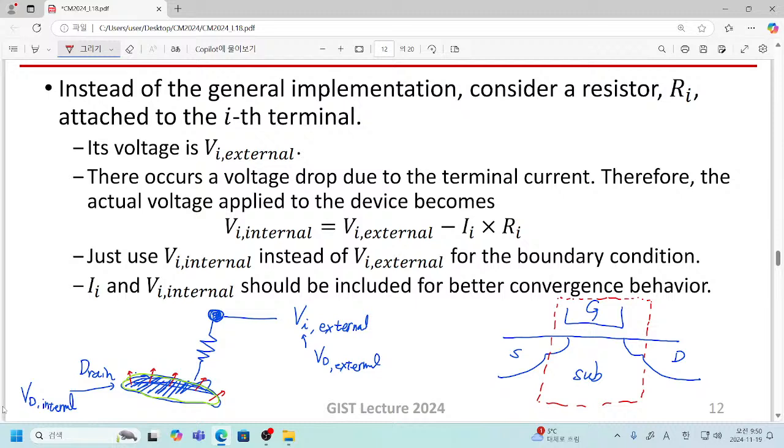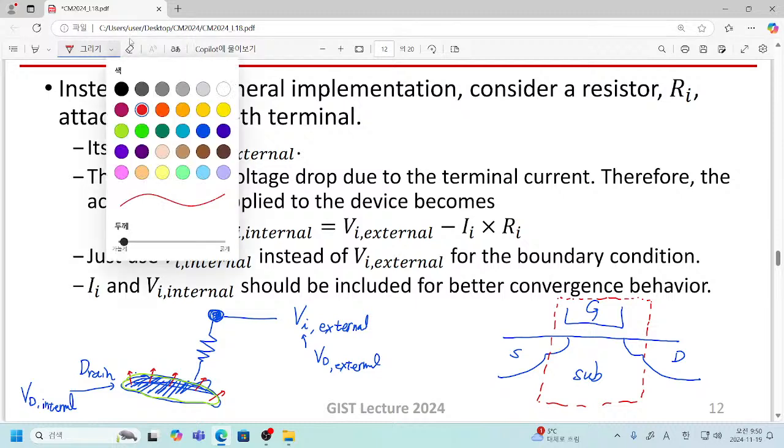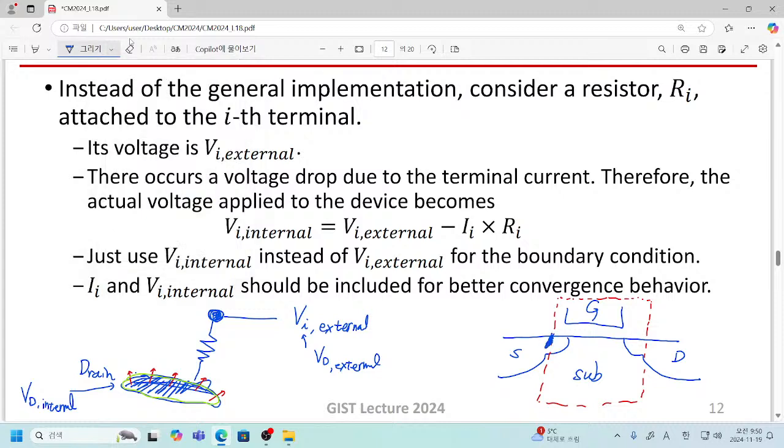However, actually when a user, an engineer, tries to apply a certain voltage, he or she cannot directly insert a certain voltage on this plane and on that plane. It is not possible.